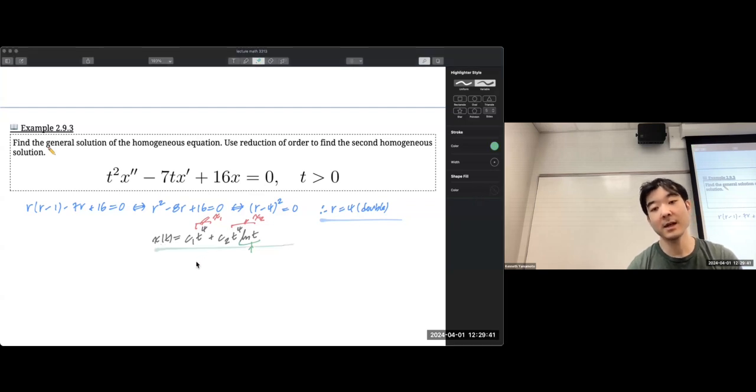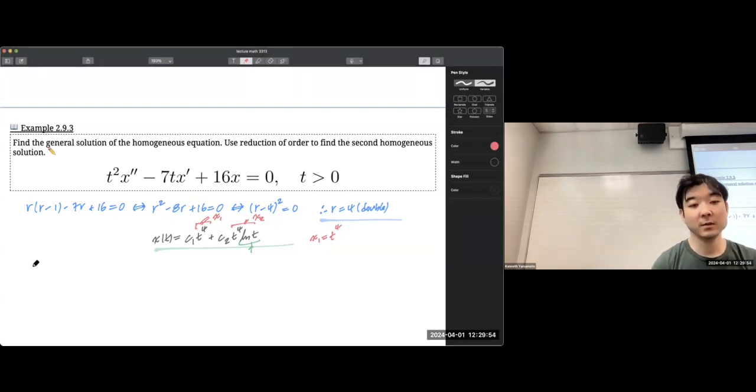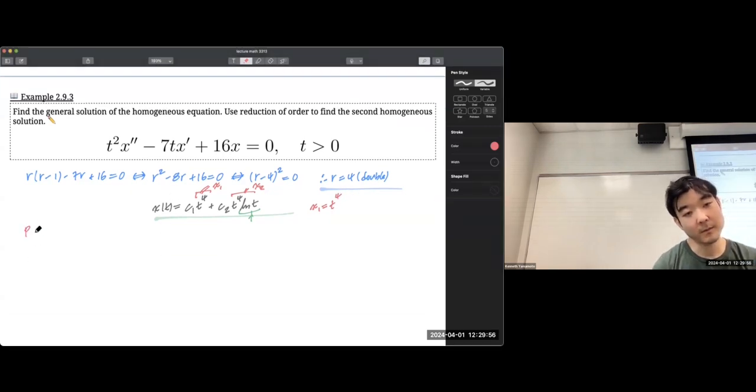So we're going to do the same process we did before. We say that our x1, the homogeneous solution that we know is good, is t to the 4th. Why don't we build a general solution? So we'll propose x of t is built off of v of t times x1, which is v times t to the 4th.